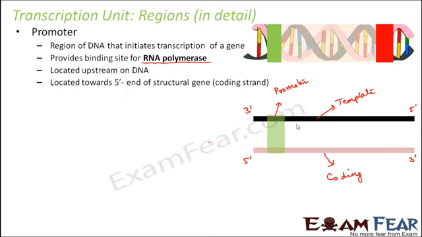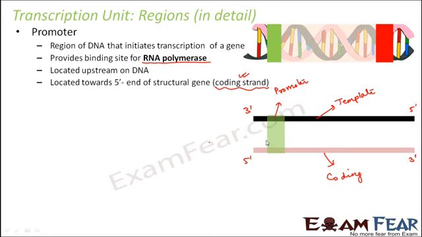Now how do you define which is the 5' end? The coding strand and the template strand have opposite notations because they are antiparallel strands. Whenever we denote the ends of the entire transcription unit, we take the coding strand as the basis. Whichever is the 5' end of the coding strand is considered the 5' end of the transcription unit. This is just for convenience, otherwise it will create confusion.